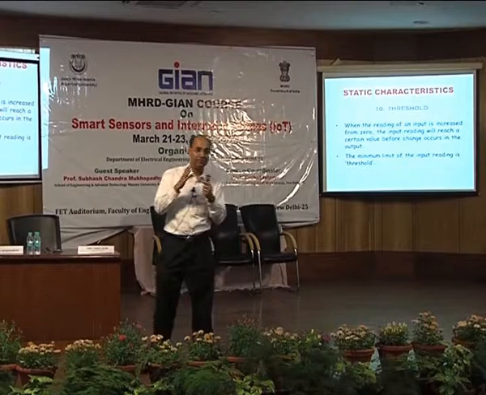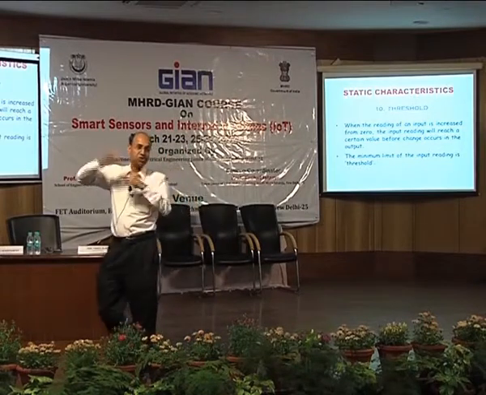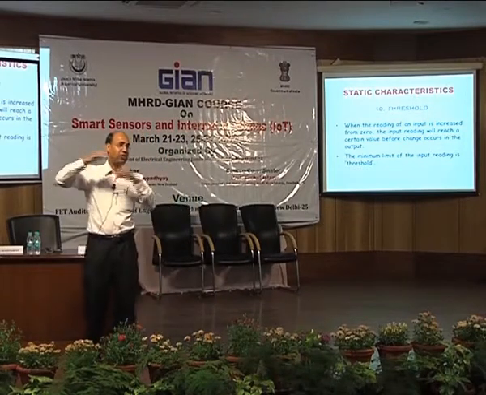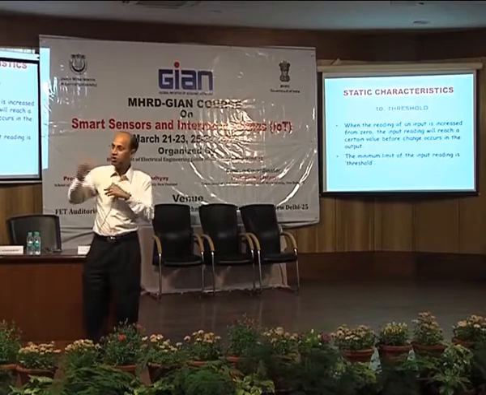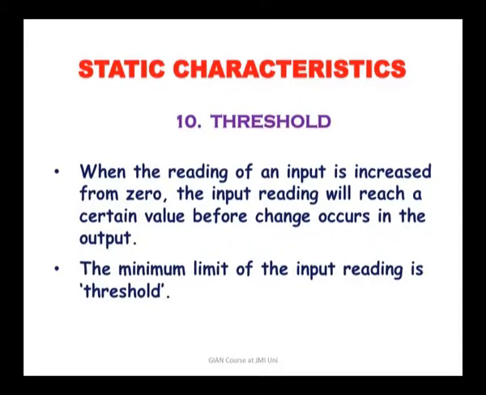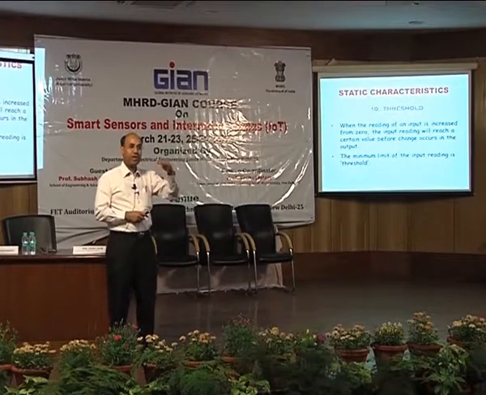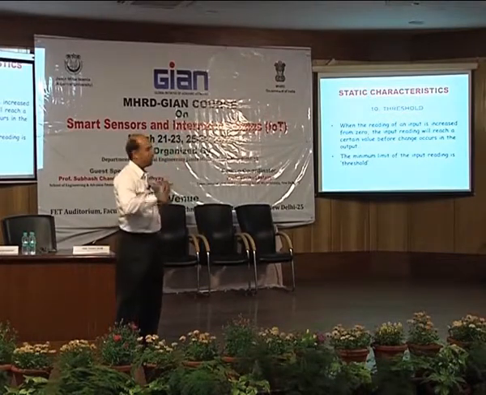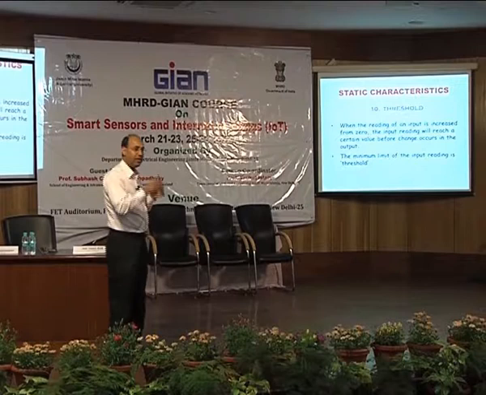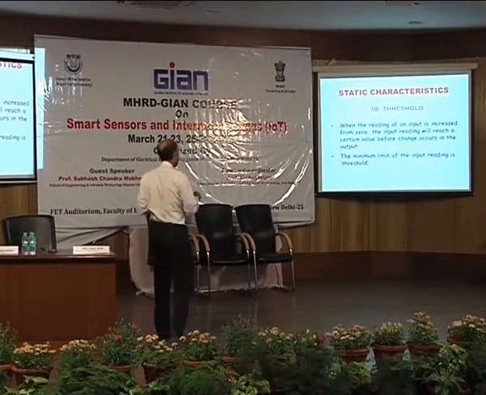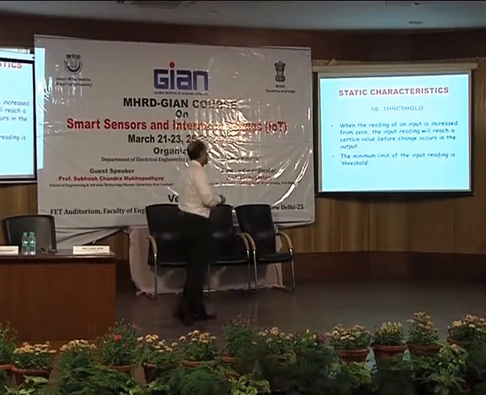Because if you do not have that, the switch acts very quickly, going on and off, and you can damage it. So thresholding is important: you want to act if the level goes beyond that, and then you come back. Thresholding and hysteresis are very related. The change occurs only when something goes beyond something.